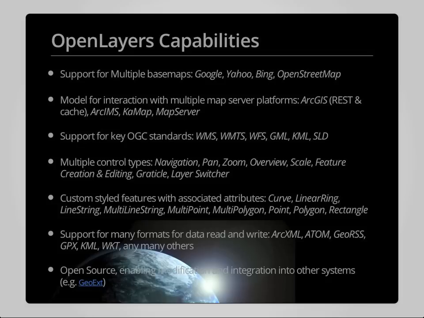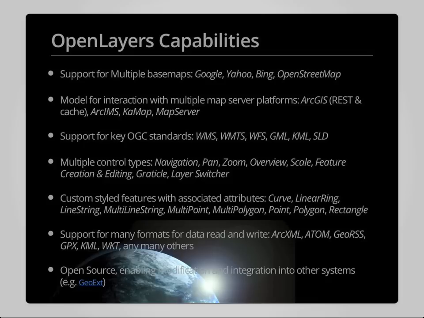Included in these various control types are navigation controls, which are essentially some underlying capabilities within OpenLayers that allow for the mouse interaction with the map and some of the other foundation capabilities in the system that support some of the other controls, such as the pan control, which allows you to move the active map north, south, east, or west.